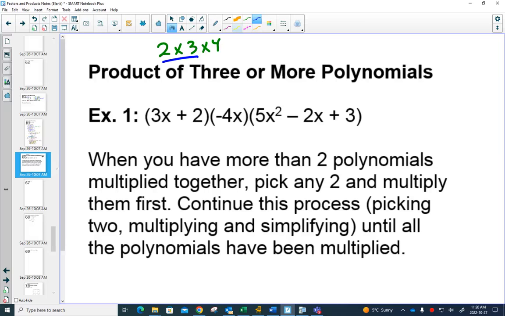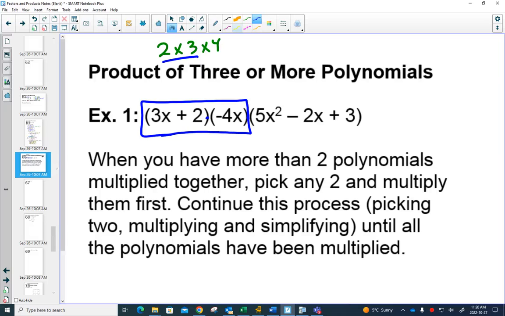The same thing happens when we get to multiplying this thing times this thing times this thing. You have to choose 2 of them to multiply first. And human nature is to pick the first 2. When you have 3 things multiplied, most people do the 2 times 3 first.